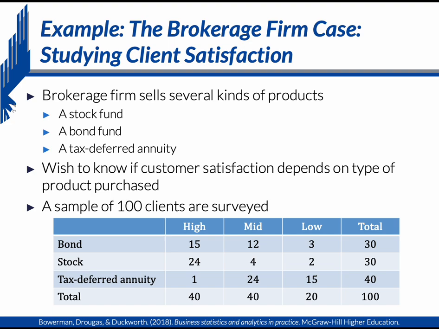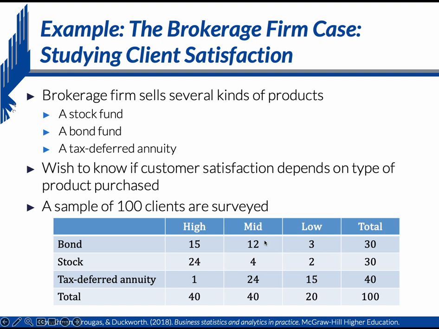In order to answer this, they got a sample of 100 clients and asked for the type of fund that they purchased and their customer satisfaction, and they summarized the responses of these 100 participants into this contingency table. On this side we have the different types of products that can be purchased, and on this side we have the three levels of satisfaction.